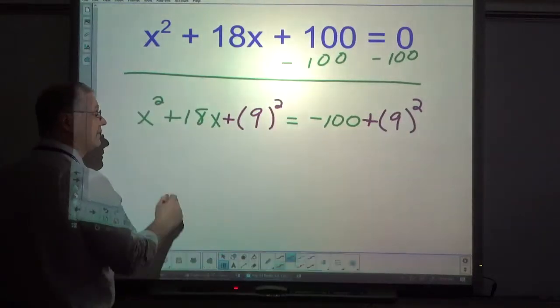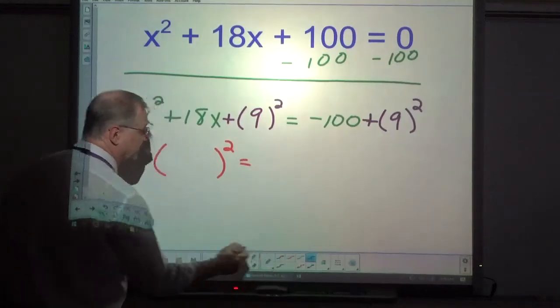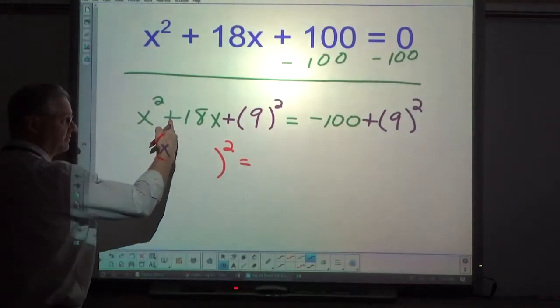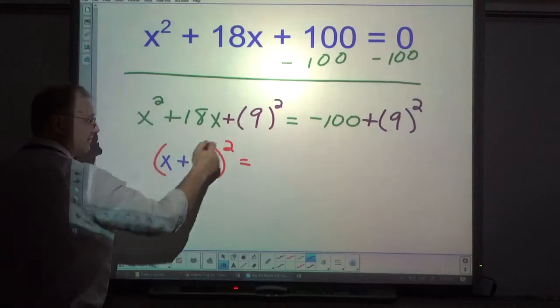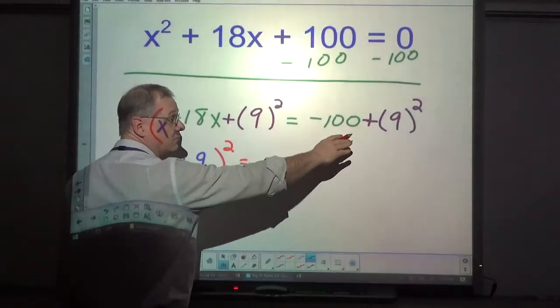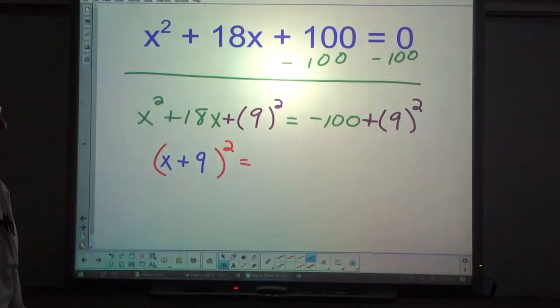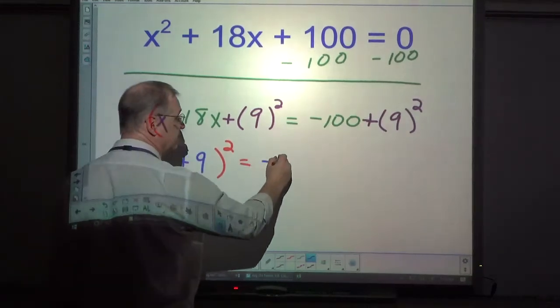And so when I write this out as something squared, it's going to be x, sign of the middle term, plus the number 9 being squared. And on the other side, we know 9 squared is 81. 81 plus negative 100 would be negative 19.